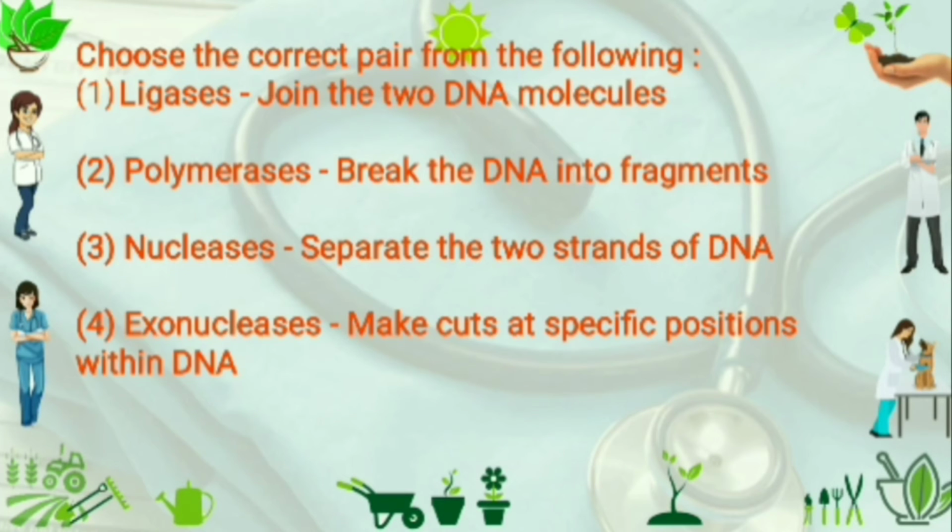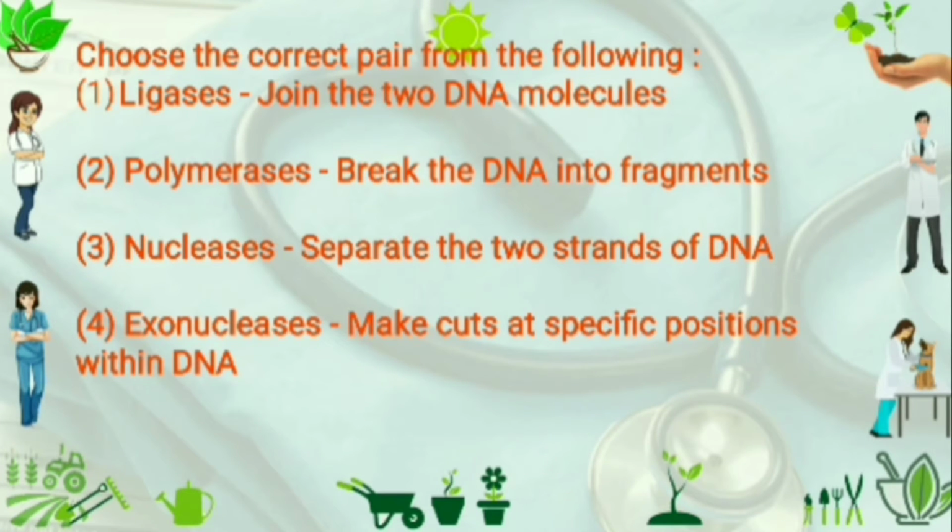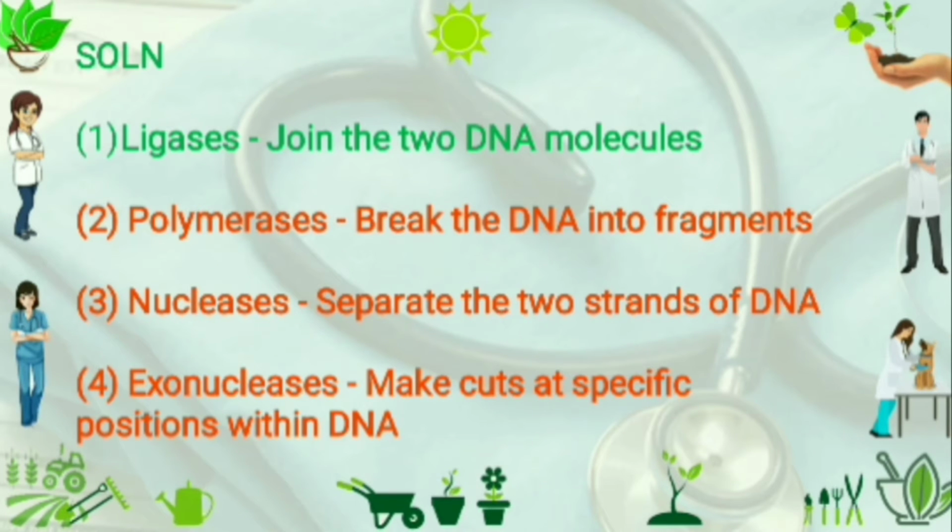This is also a match the following type of question. Choose the correct pair from the following. Here we see enzymes and functions: ligases, polymerases, nucleases, exonucleases. Answer: ligases join two DNA molecules. Polymerases break the DNA into fragments.